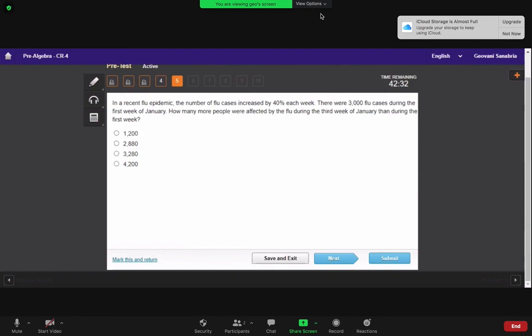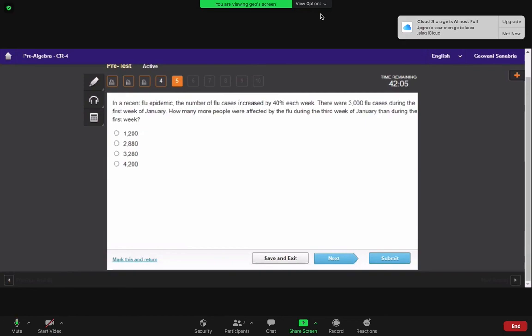Okay, so I got the 3,000. I multiplied by 1.40, which equaled 42. And that means on the second week there are 4,200 flu cases. So I'd have to go again for the third week, right? Yeah.